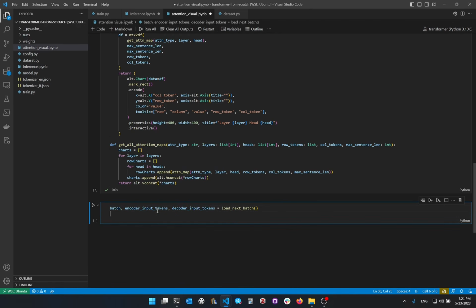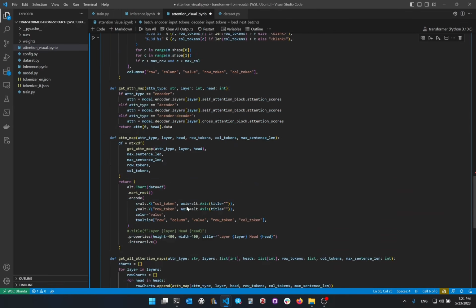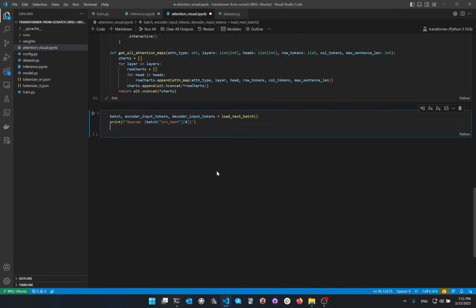So we load a batch and then we visualize what is the source and the target, then also the target. And finally we calculate also the length.